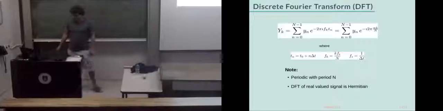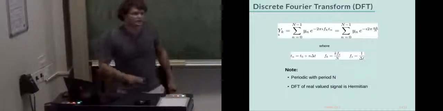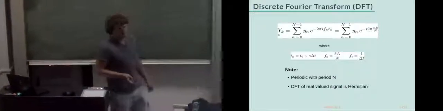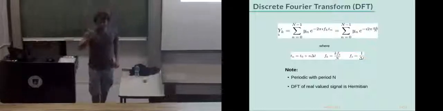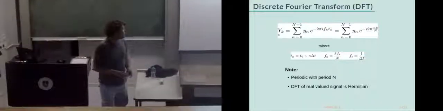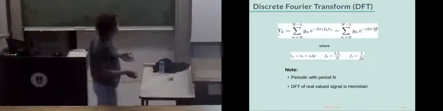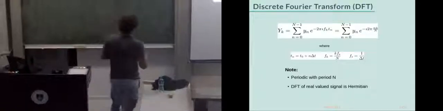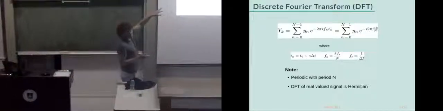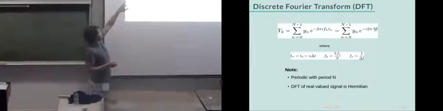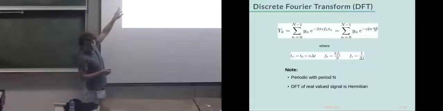I realize we depart a little bit from the notation you used in the first one. So y_k here, the k is the index that labels the sample of y, now y being the discrete Fourier transform of some signal y_n. Which is the variable when you're doing the discrete Fourier transform?